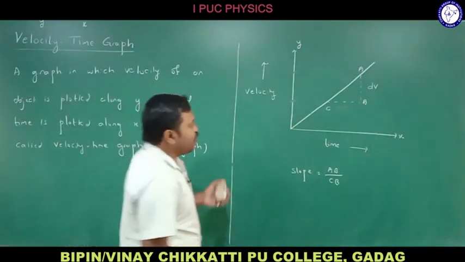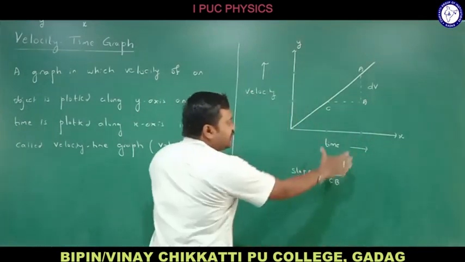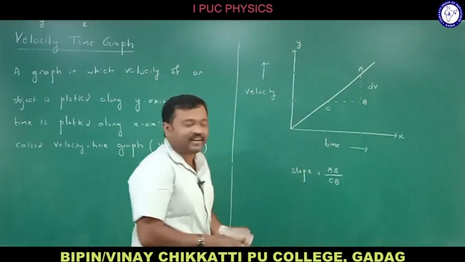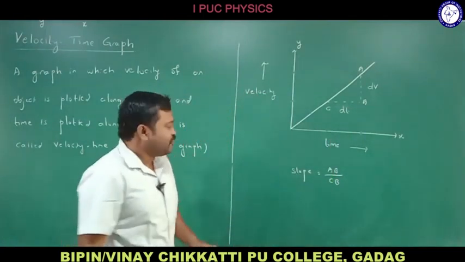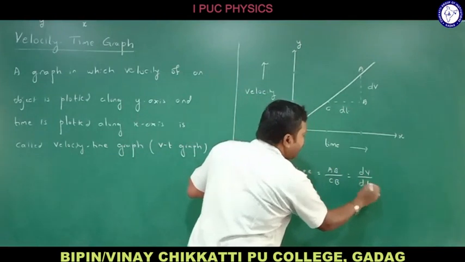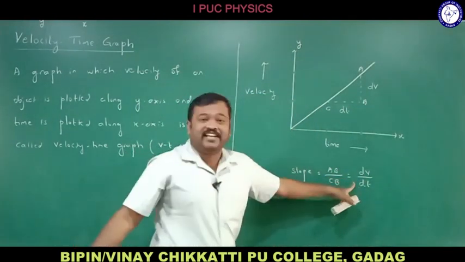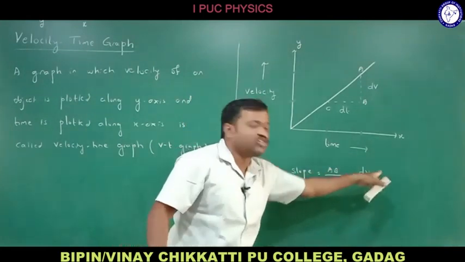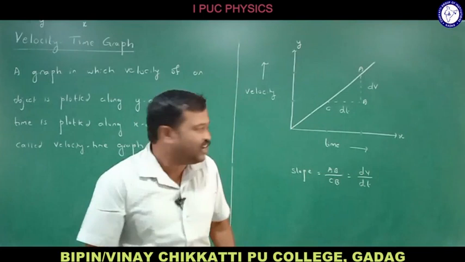What is CB in this graph? That is change in time. Let me represent it as dt. So what does slope give? That is dv divided by dt. So what is dv by dt? We have studied in the last session differentiation of velocity. What is differentiation of velocity? Acceleration. We have studied it.